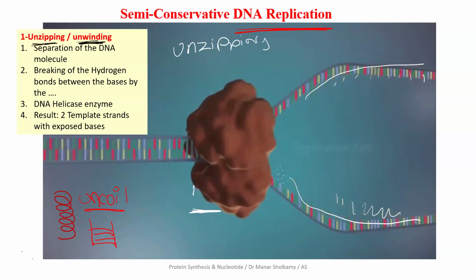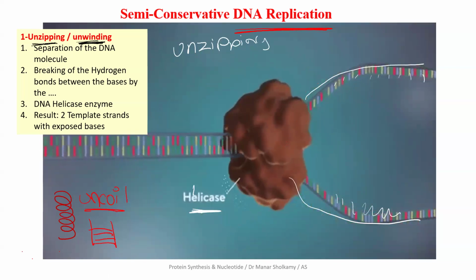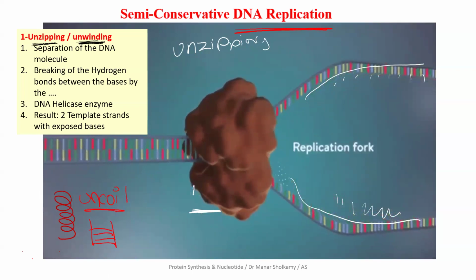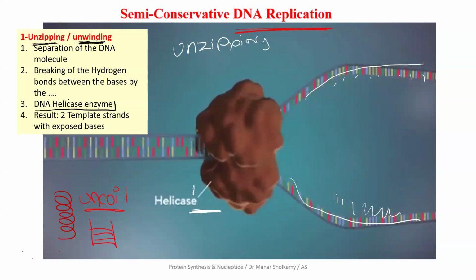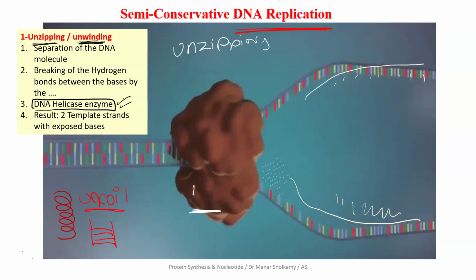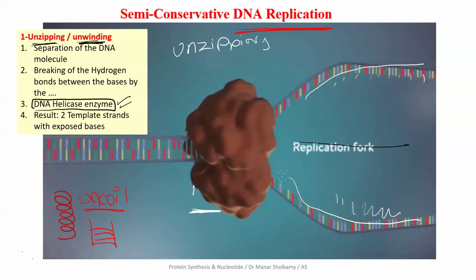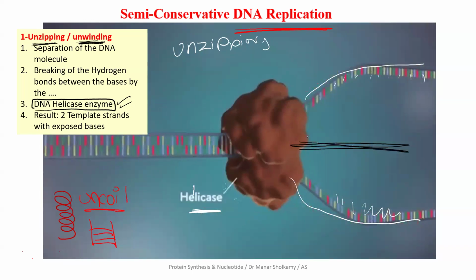The unzipping means I'm going to break the hydrogen bonds between the bases so that I have two exposed strands. And who will break the hydrogen bonds? The enzyme? Helicase. The DNA helicase enzyme is like the scissors. It will break the hydrogen bonds between the bases in order to expose the two polynucleotide strands.